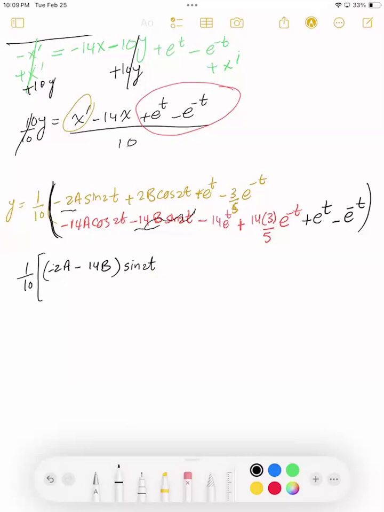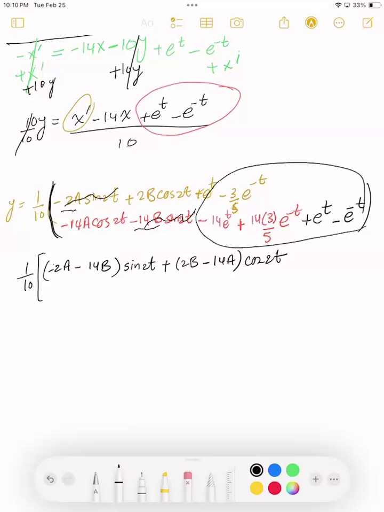And then for cosine, I'll put a plus sign. For cosine, we have 2b and negative 14a. And by the way, I think my lab math is using letters C1 and C2 instead of A and B. And then we have cosine 2t. So you should use C1, C2 as well. Then we have to add these guys, right?